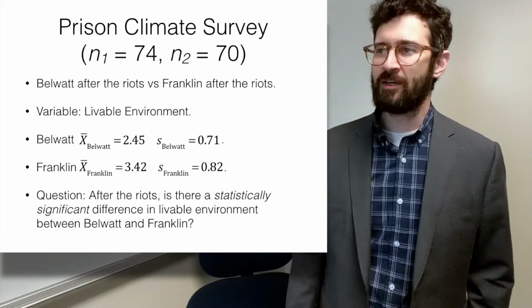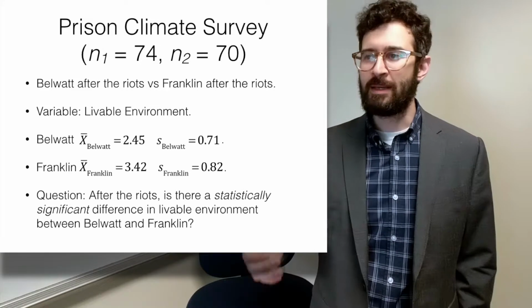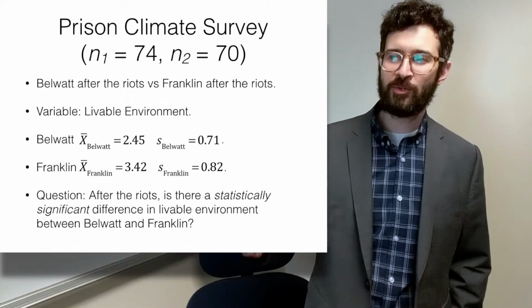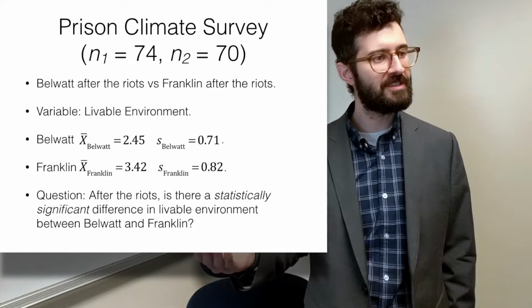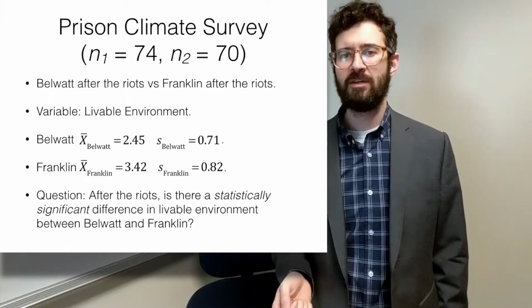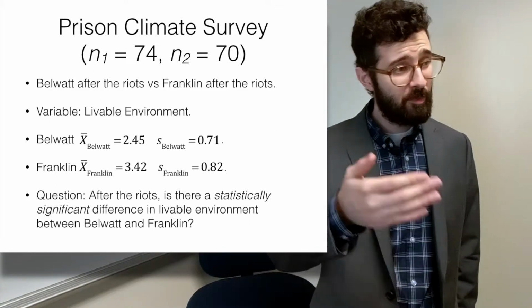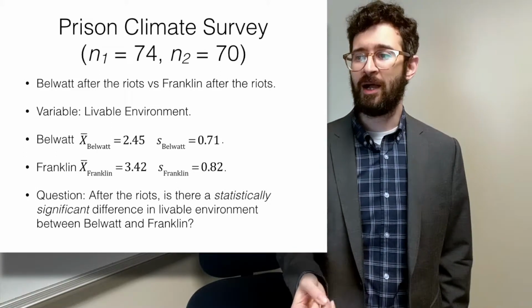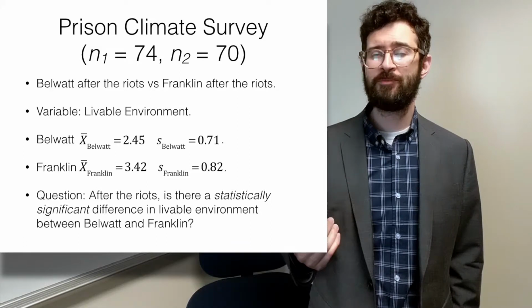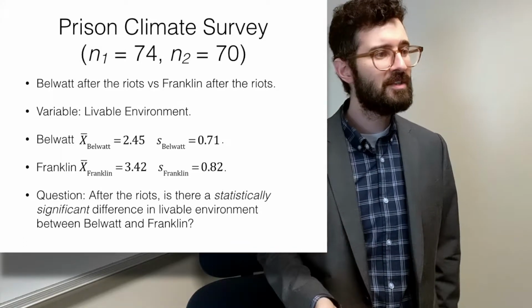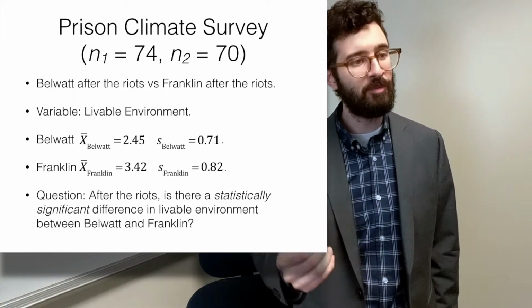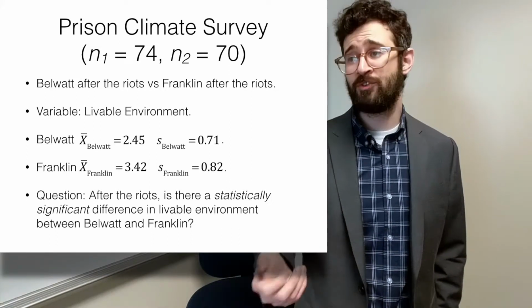From that sample data, we can then calculate sample means and sample standard deviations for the samples we drew from each of those facilities. Now, as part of this prison climate survey, one of the questions I was interested in was, after the riots, was there a statistically significant difference in livable environment between these 2 facilities?